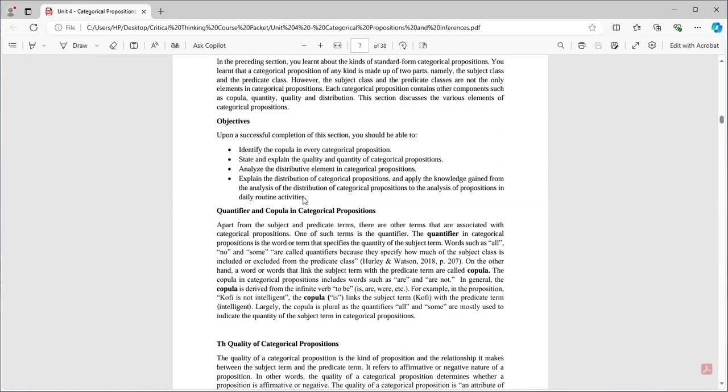So the word that can help us to identify the quantity we are referring to in a categorical proposition is called a quantifier or quantity. And words such as no or some are words that help us know the quantity we are referring to.